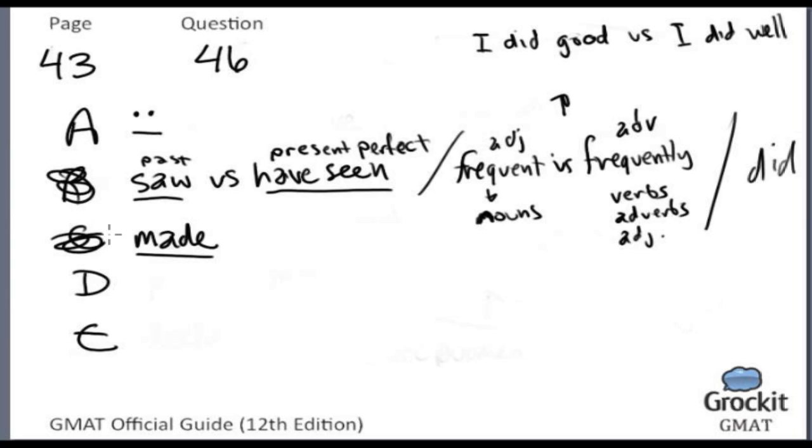Choice D, thus never having seen anyone gesture. That's a little bit odd because it's not parallel. We have found that individuals who X, and thus we would expect parallelism. So we would want individuals who X and who Y. So we're missing a who.